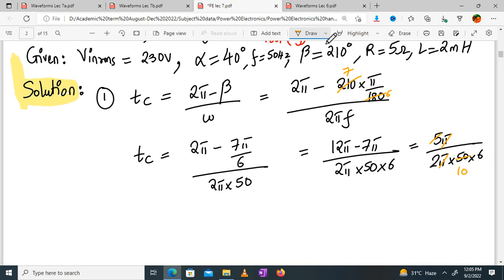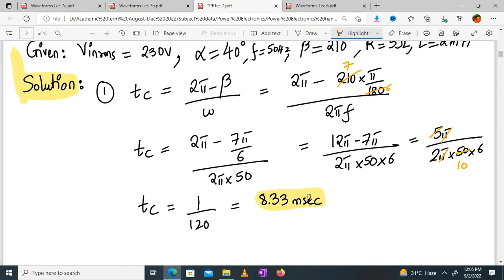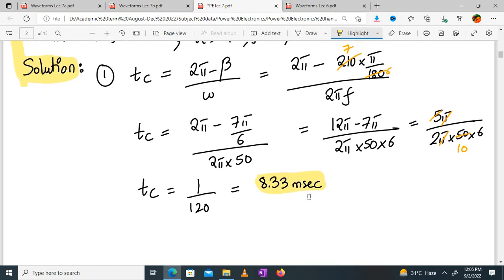So 1 upon 120, which is about 1 upon 120 seconds. If I take it, I'll get 8.33 milliseconds, right? Is this correct? I told you beta and alpha are in radians. Don't substitute 210 over here. So this is my circuit turn-off time.